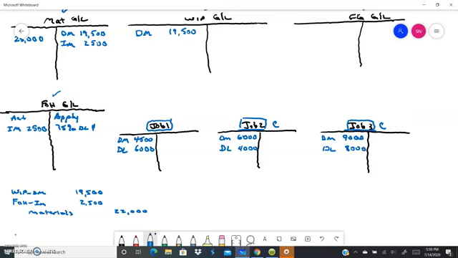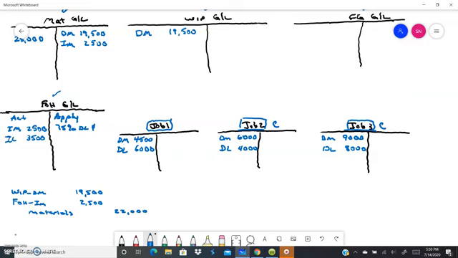And we're also going to have indirect labor such as supervision costs of $3,500 for this period. And that would go, again, since it's not a direct cost, it's an indirect cost, it's actual, goes into factory overhead as a debit for $3,500.